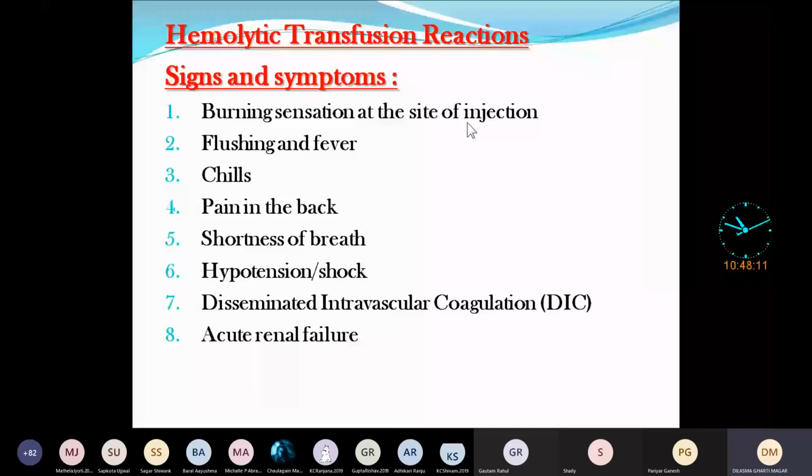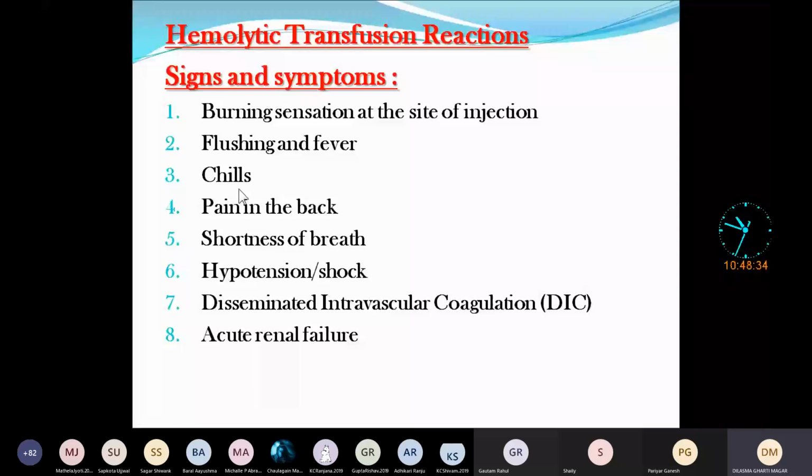The patient's face will also be flushing, and there can also be fever with chills, understood here? Flushing of the face means the face becomes red, and there can be fever and sometimes chills, means the patient will tell that I'm feeling cold, understood here?